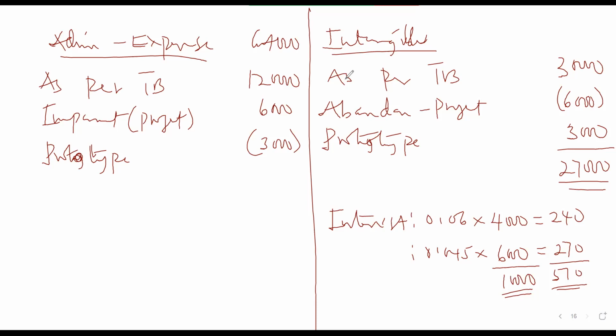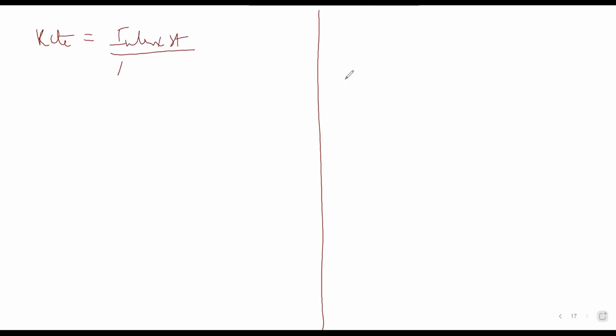The question is what percentage rate, if we apply it on 10,000, will give us 510? The rate will be calculated as the interest over the amount times 100.